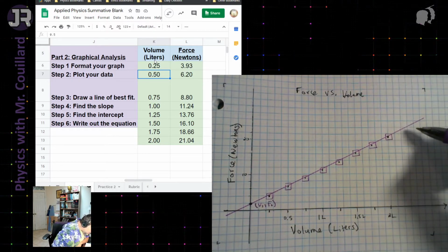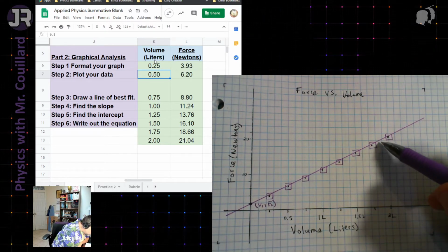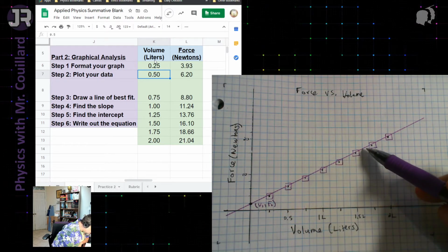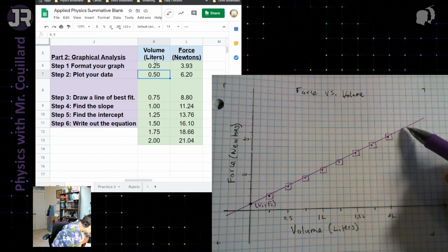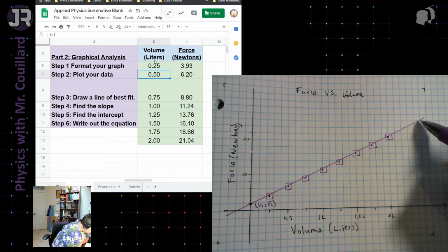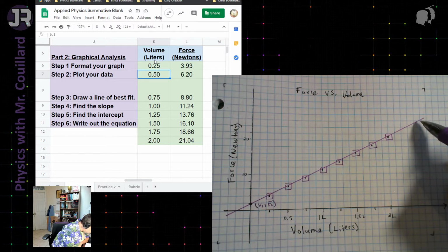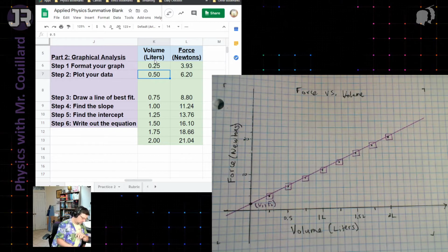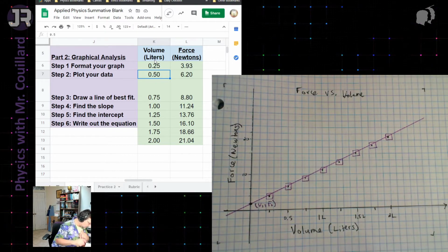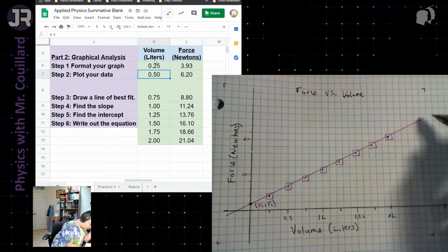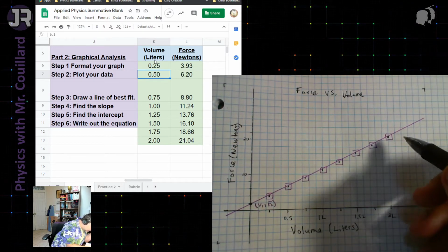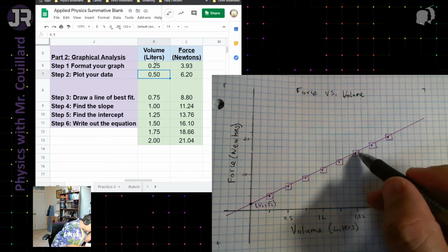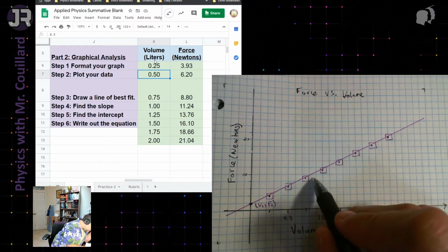And then where else is a good spot, where we go right through one of the grid lines? Maybe this one up here. Either this one, or yeah, let's go ahead and use that one, even though that's way off the scale. I could extend it out, but let me see if I can find something that's a little easier to read here.